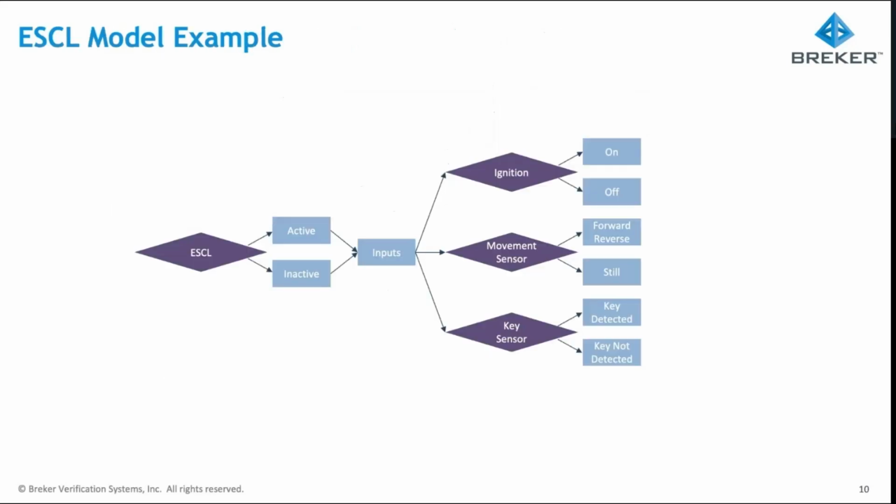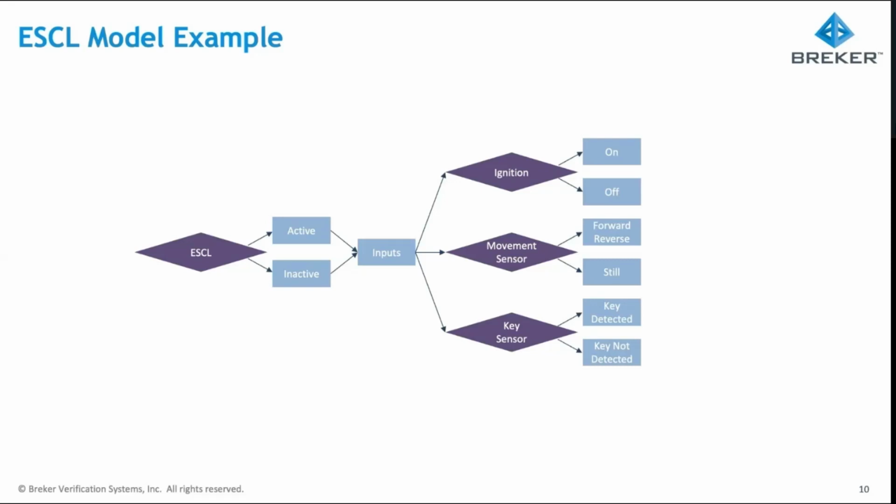So what we're able to do is create a model. This model in the Breker context can be written in the portable stimulus language or in C++. But it's a very simple graph where you take your ESCL, your electronic steering control lock, and you check if it's active or inactive based on a series of inputs.